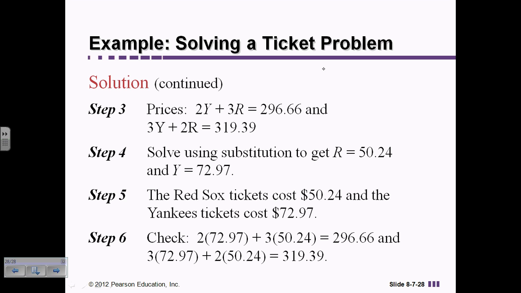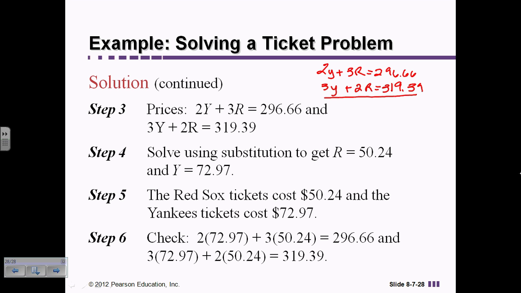So this time, when I'm looking at this problem, I'm probably going to want to do this one by elimination because of the way it's set up. Since it's already in standard form, it would be easier to do elimination. And this one's a little bit different than what we've done before.